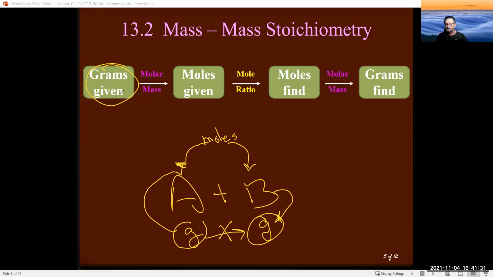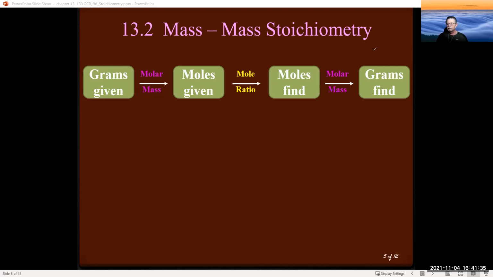So if you're given something in grams, obviously you need to convert that to moles. The way you do that is you need to know the molar mass, or atomic weight if it happens to be an atom. So we need the molar mass of the compound. With the molar mass, that gives us the number of moles of what we're given in the word problem.